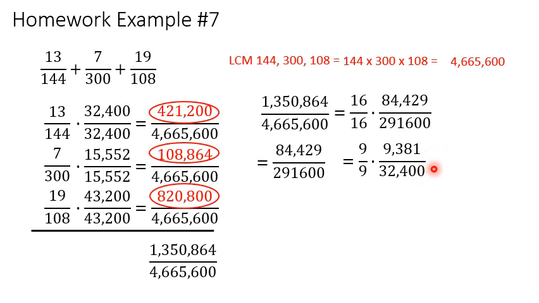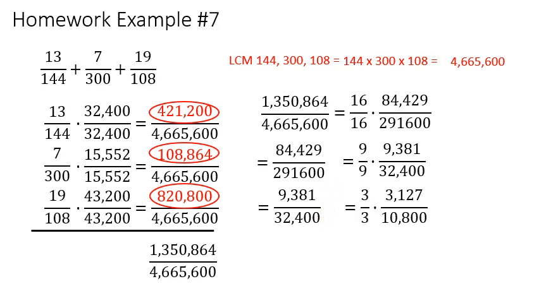It's getting smaller, which is good, but I'm still trying to figure out if this is in completely reduced form or not. So it turns out this ends in a 1, and anytime it ends in a 1, I try to divide by 3, and the reason why is because I know 3 times 7 is 21. So I know that it's possible to have a 1 as your last digit if it's divisible by 3. And it turns out top and bottom are both divisible by 3. So again, I reduced by 3.